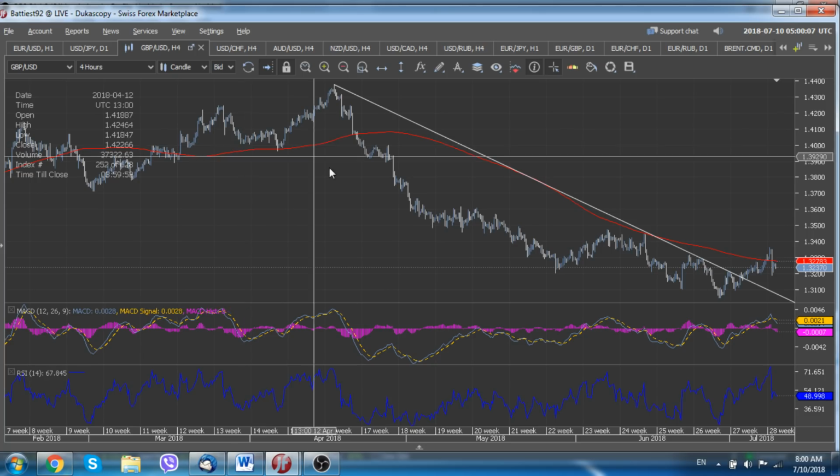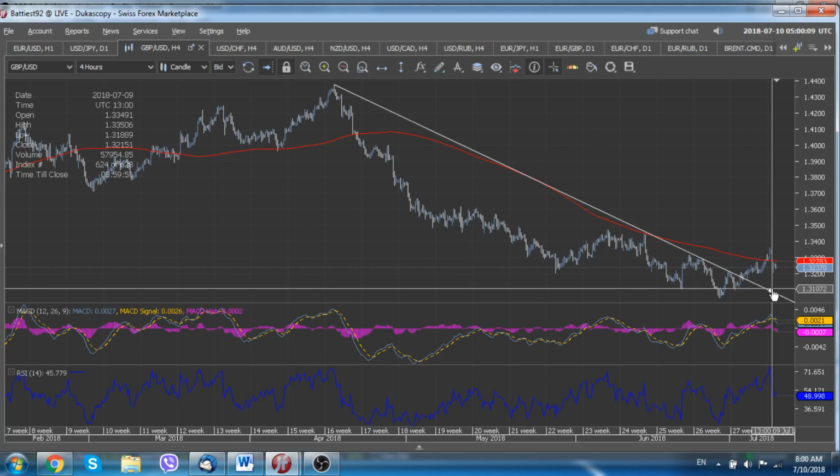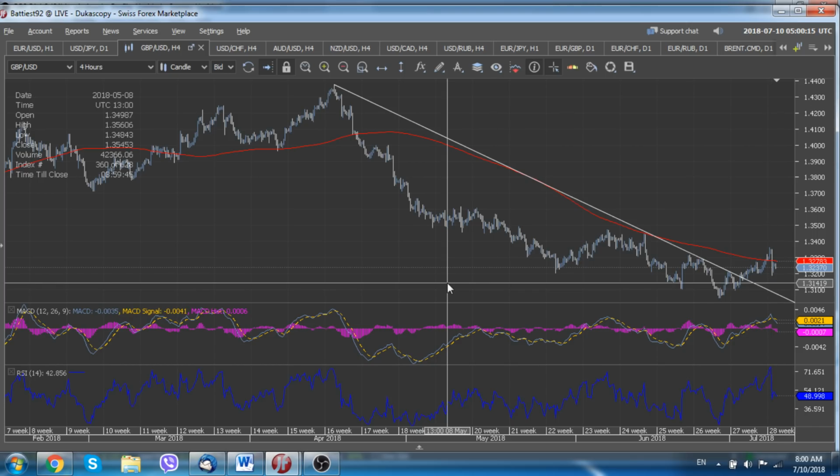As a result, the pound reached lows around 131.89.